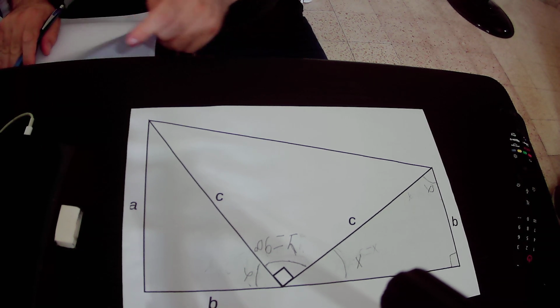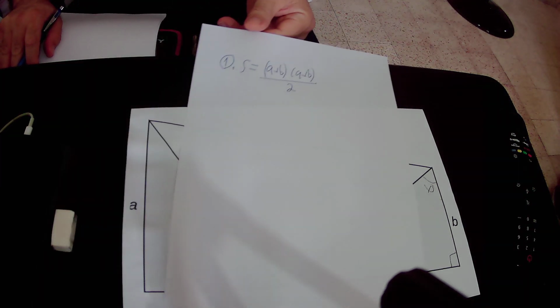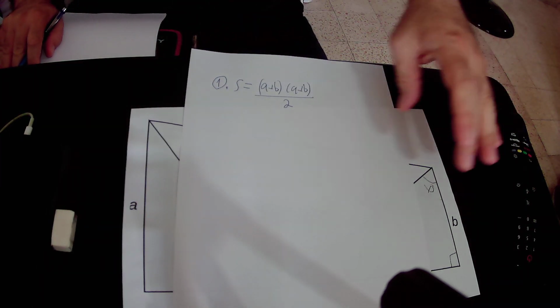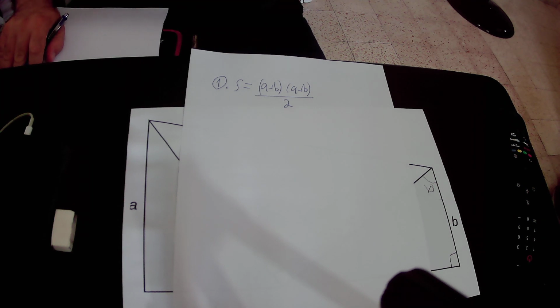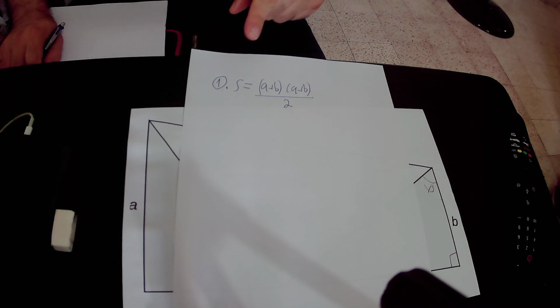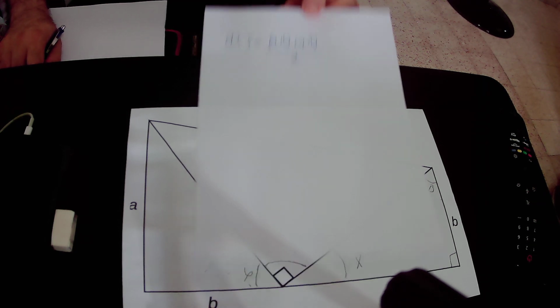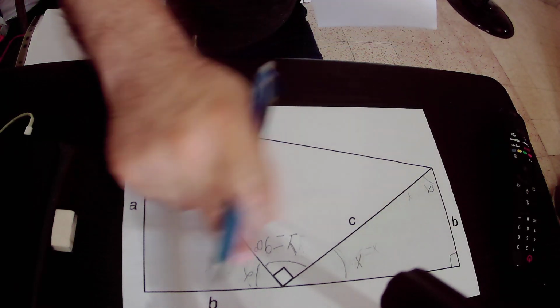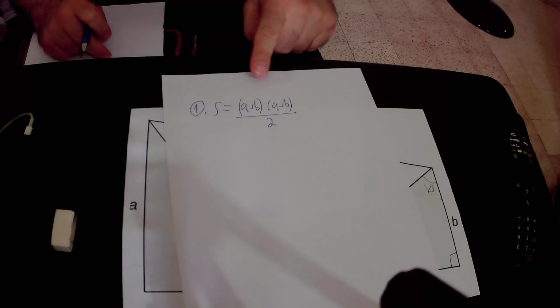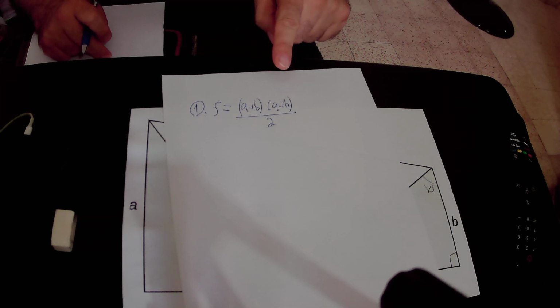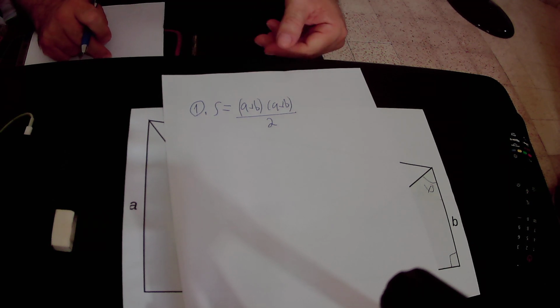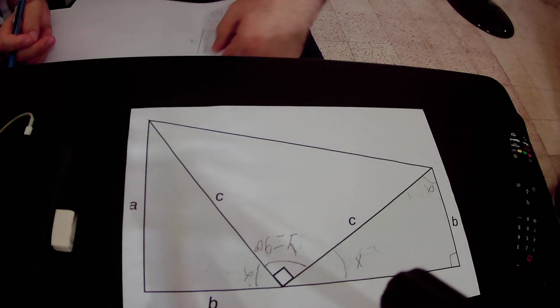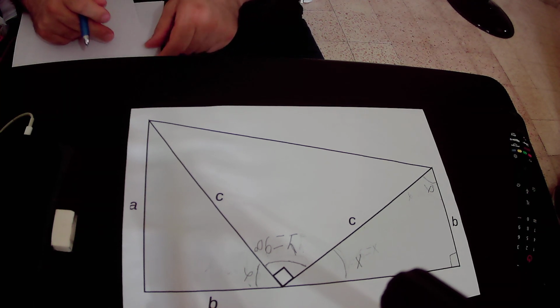So the first way to calculate the area of this trapeze is the sum of the parallel sides, A plus B, times the height, also A plus B, all divided by 2. This is the first expression.